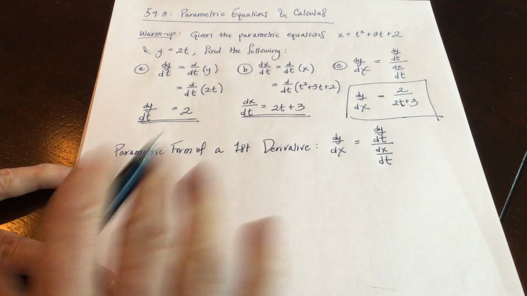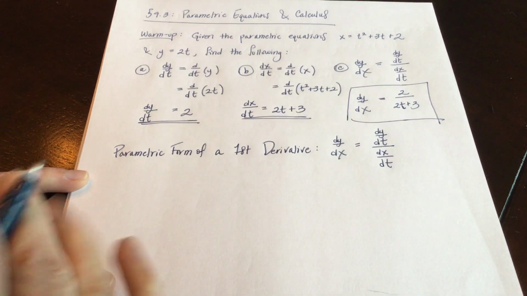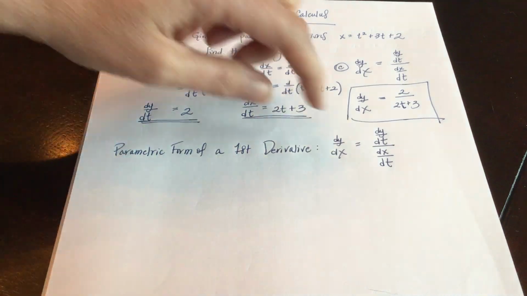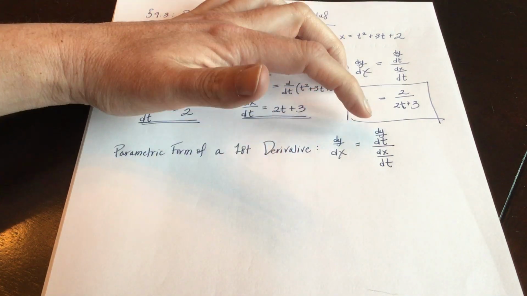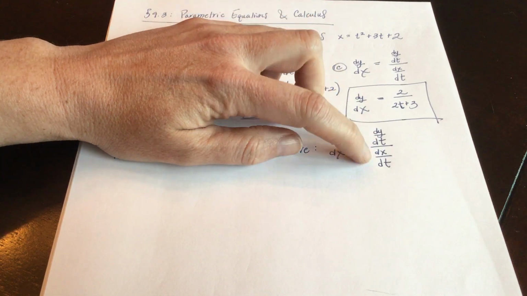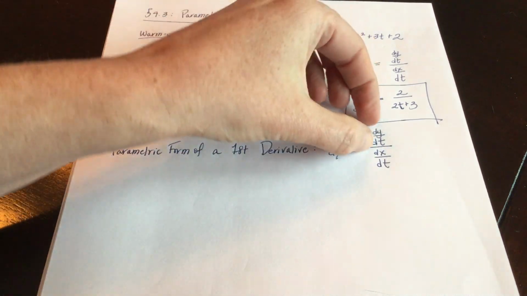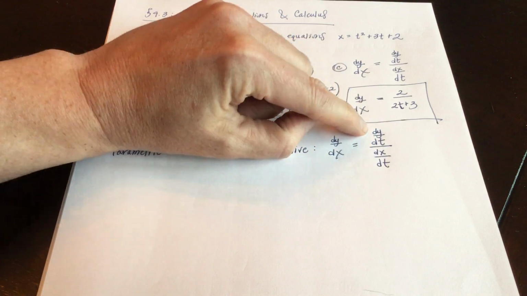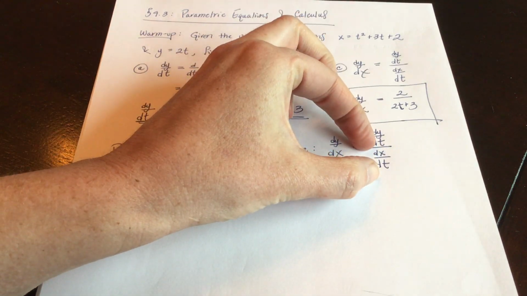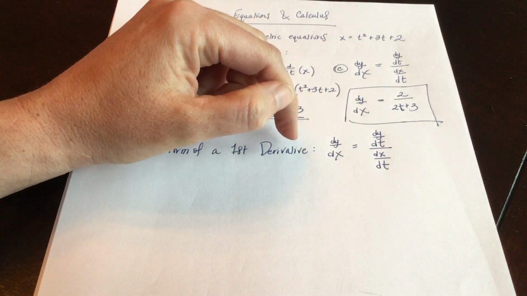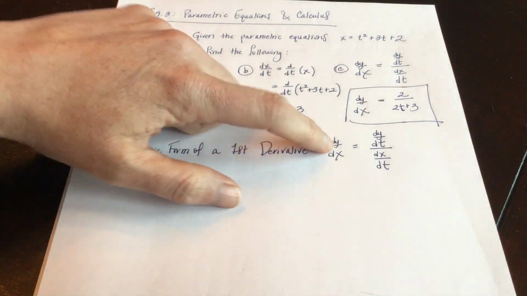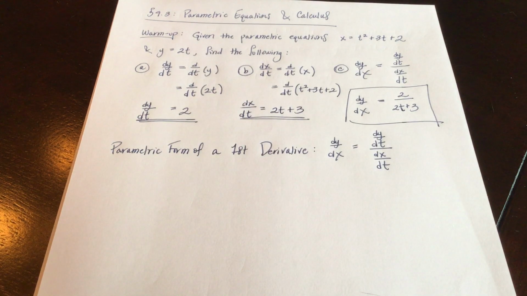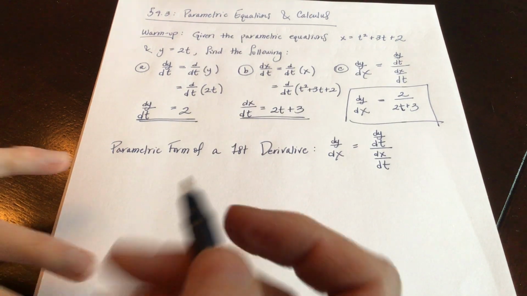Is this something you should memorize? Yeah, kinda. If you're the person that rote memorization does not work for you, then great. So whatever you write, make sure you have something that looks like a rise, change in y, divided by a run, change in x. Also make sure that after you write it, a quick flip and multiply, the dt's cancel, and you have this expression right here, and you should be good to go.